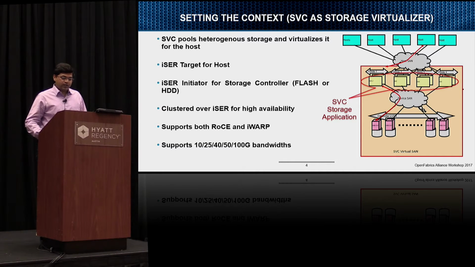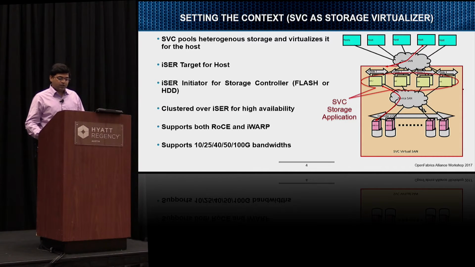This application originally was using Fibre Channel and FCoE to provide the virtualization and host attach capabilities. And as I mentioned, we started working on implementing ISER a year ago to be able to leverage the advantages offered by RDMA.